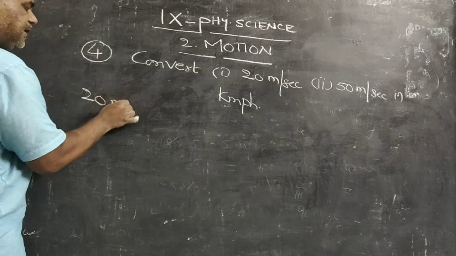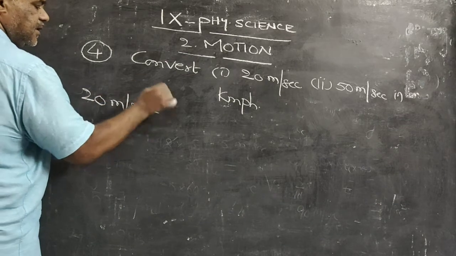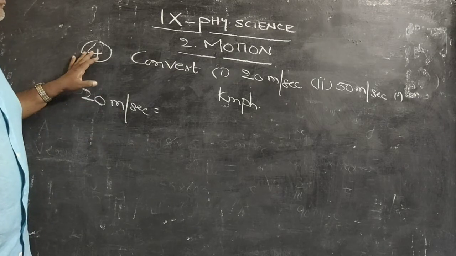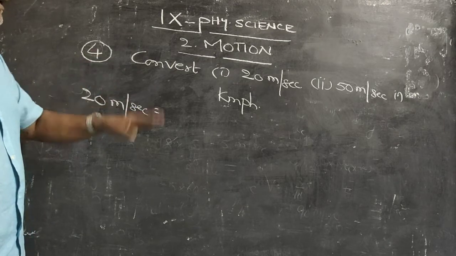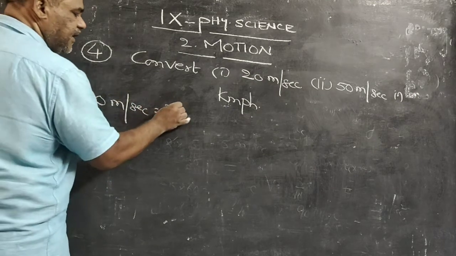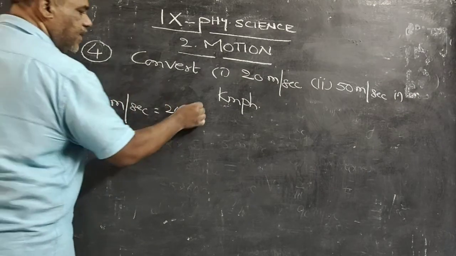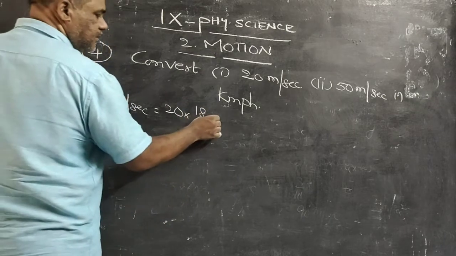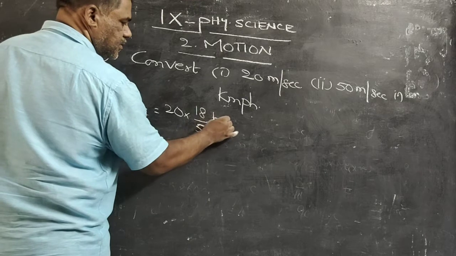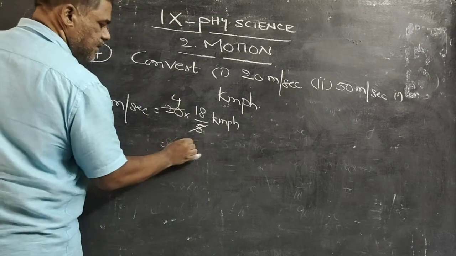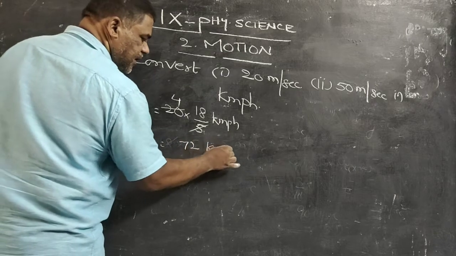So 20 meters per second. Just now we used that kilometer per hour can be converted into meter per second by multiplying 5 by 18. Now meter per second can be converted into kilometer per hour by multiplying with 18 by 5. Five fours are 20, so it is 72 kilometer per hour.